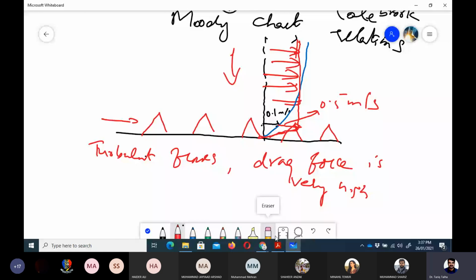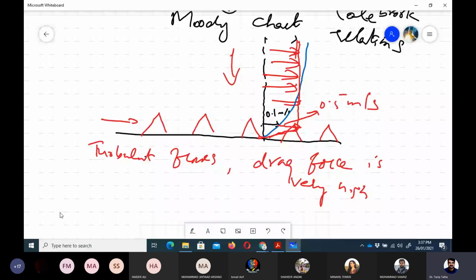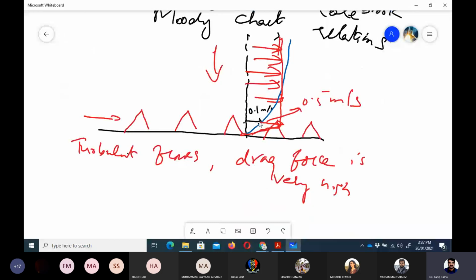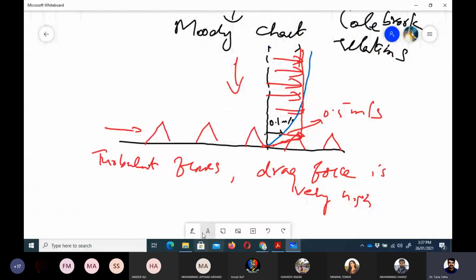So that's why for the laminar pipe flow, we usually neglect the role of friction, and we only say that it depends upon the Reynolds number. But for the turbulent flow, as I have explained, in the near wall region where the surface roughness elements are there, the flow velocity is very high due to that radially outward motion of the fluid due to those eddies, because we have got vortices here which throw the water from the core region near the pipe surface.